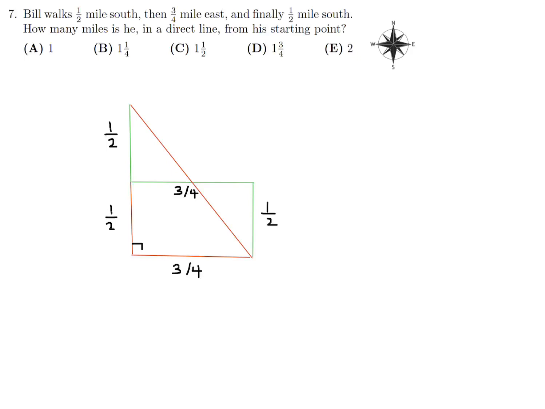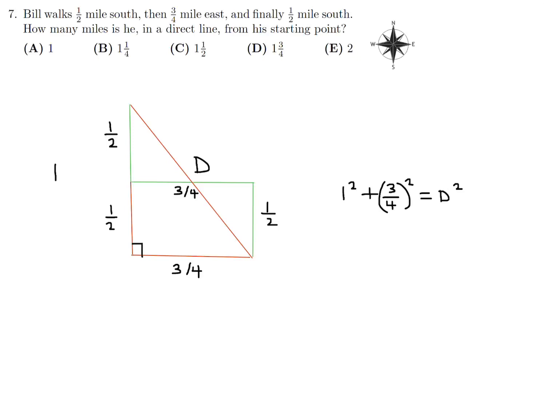So we've got a right triangle, and one side is equal to 1 because it's a half plus a half. The other side is 3/4, and then we have to find the hypotenuse. I call the hypotenuse D for distance. So our equation is 1 squared plus 3/4 squared is equal to D squared.